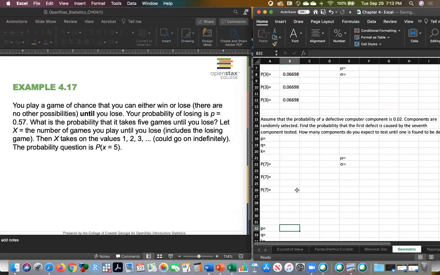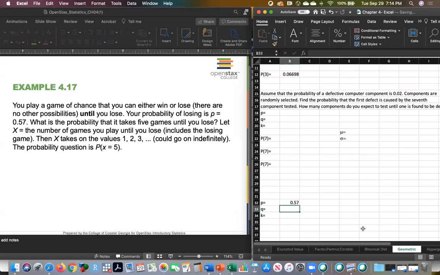So the probability of losing is 57%, 0.57. The probability of losing, which in this case is the probability of success. So your probability of losing is 57%. What is the probability that it takes 5 until you lose? So this is the probability of losing, but actually it is the probability of success. So this is 1 minus my probability of success.